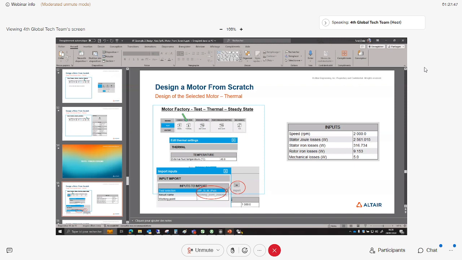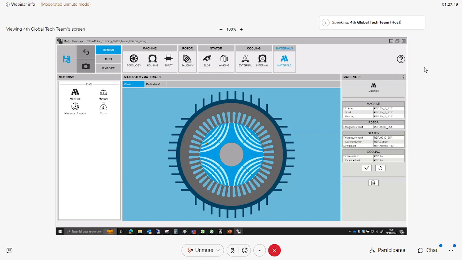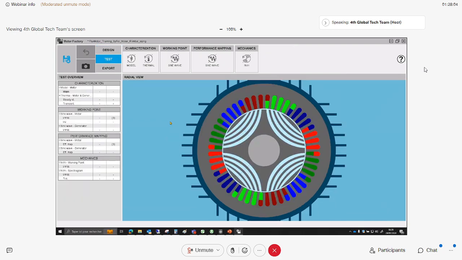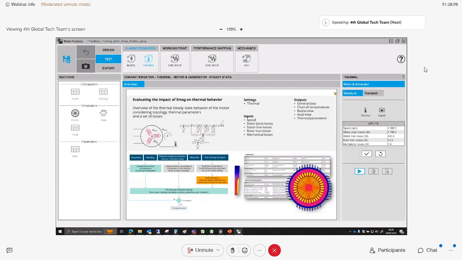Then we are going to make a thermal computation, a steady state thermal computation. Once again, there is no indication on the running duty in the specification, so we consider that the working point is a continuous working point, and then we can go to the thermal and choose steady state thermal computation.